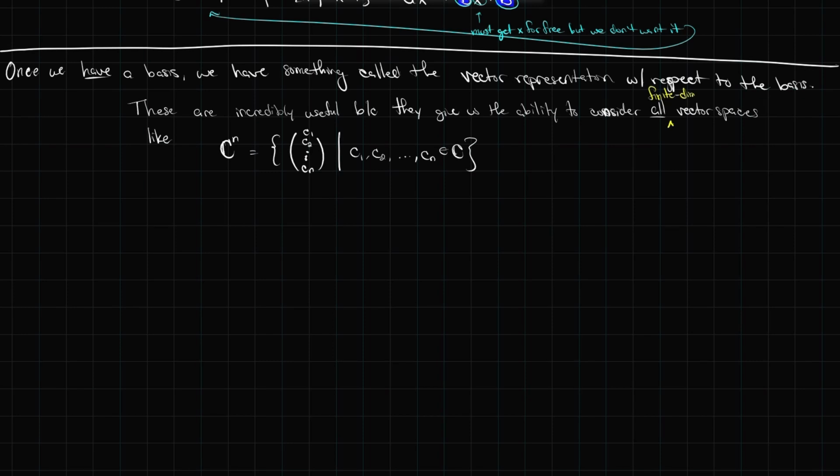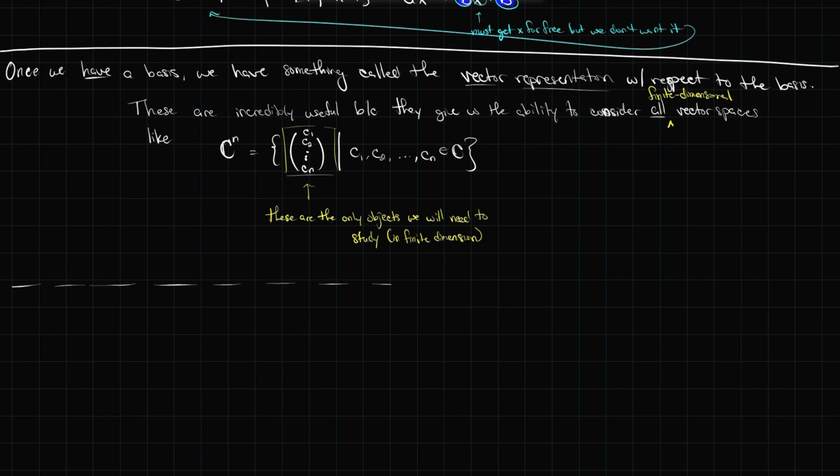So that means, in some sense, once we have a notion of vector representations, and we'll see how to do this soon, these are the only objects we need to study in finite dimension. So once we know what these vector representations are, all we will have to do is study these sorts of column vectors in the complex numbers.